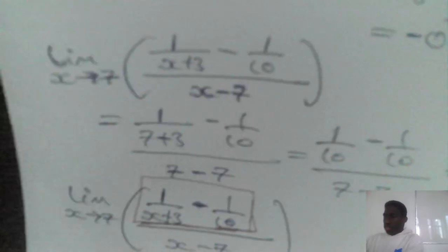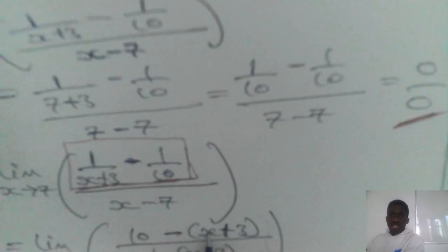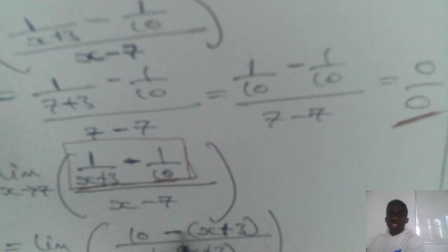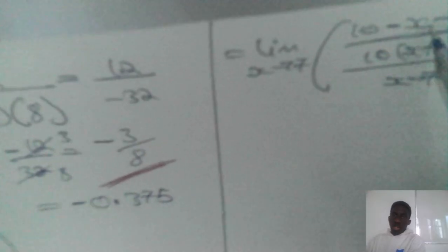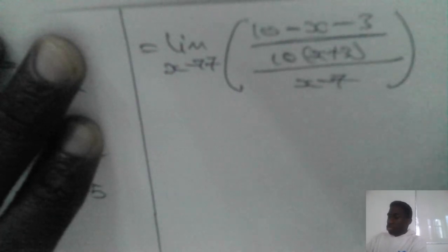I've opened up the brackets that we had. Minus times x is minus x. Minus times 3 is minus 3. So minus x minus 3. Both of them are negated. We still have the 10x plus 3, and we still have the x minus 7.